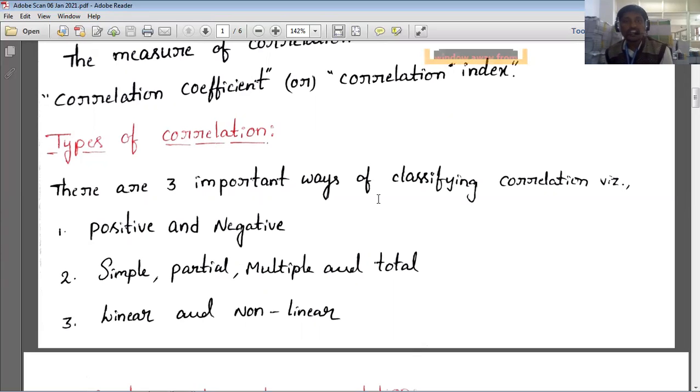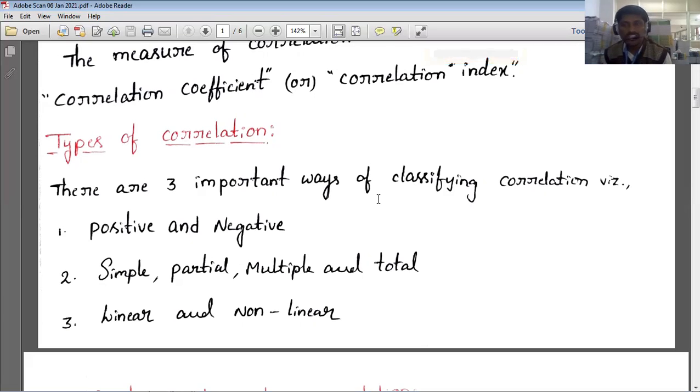Positive correlation is when one variable increases and the other variable also increases, or the first decreases and the second also decreases. Then we say that is positive correlation.